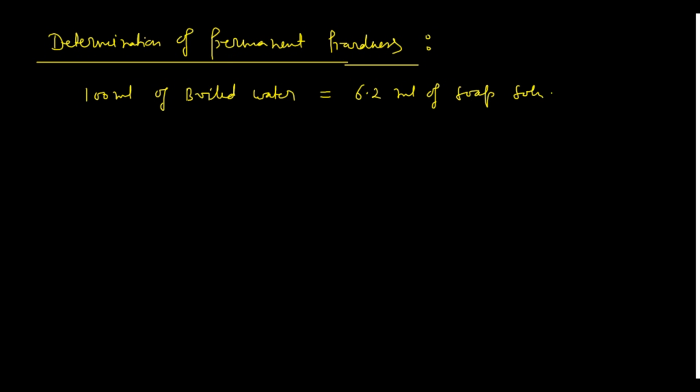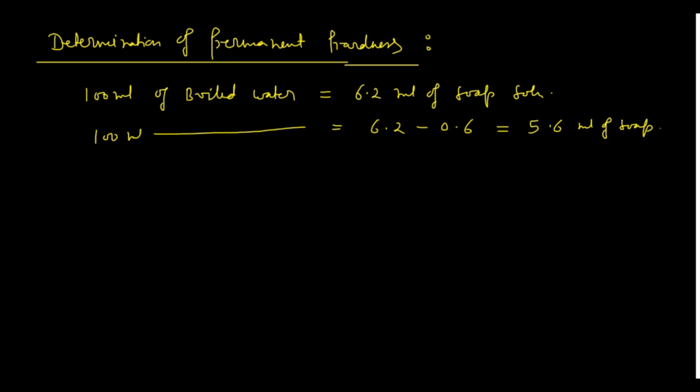But you need to subtract the lather factor from this. So 6.2 minus 0.6, you need to subtract this value from here. That will give you 5.6 ml of soap solution, right?